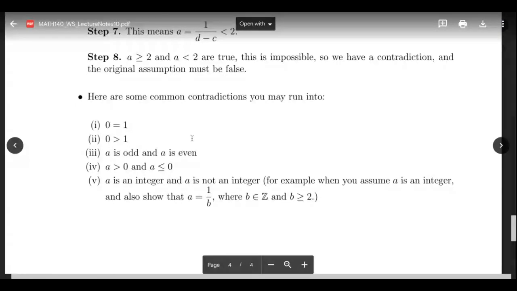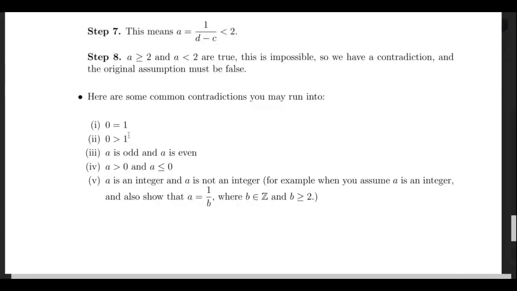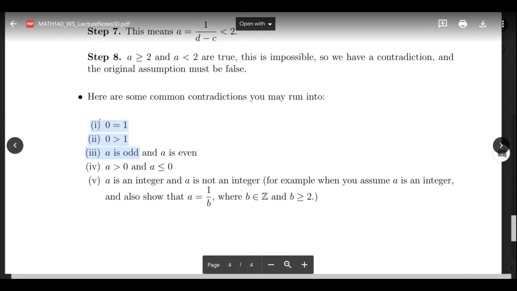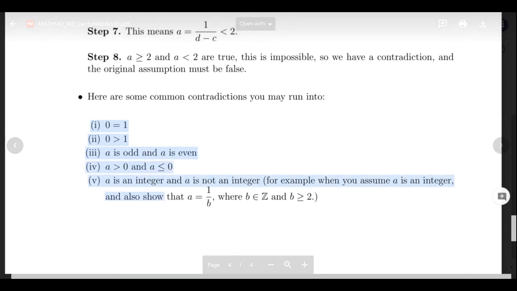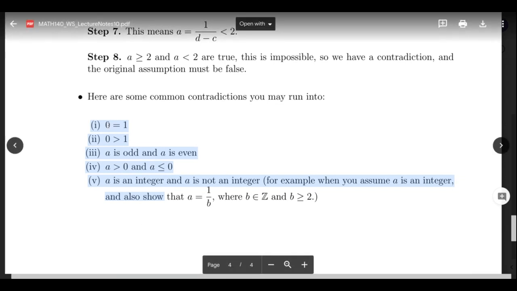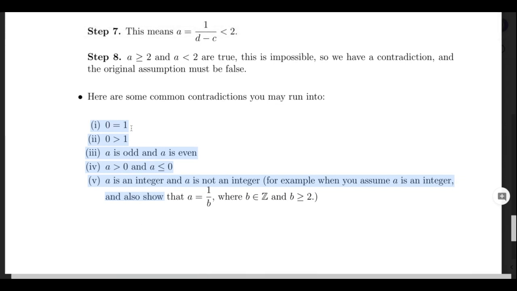Some obvious contradictions in mathematics are these. Sometimes when we solve a system of equations with no solution, we usually end up with something like 0 equals 1, which is a false statement.